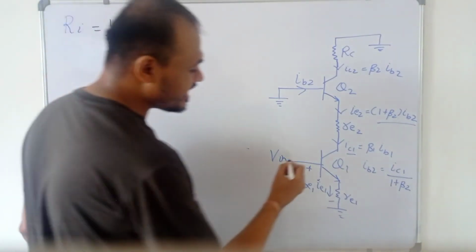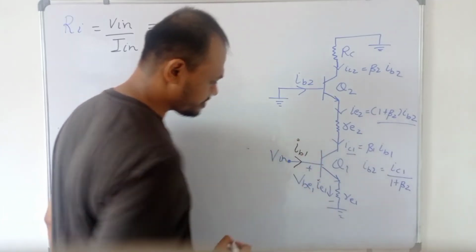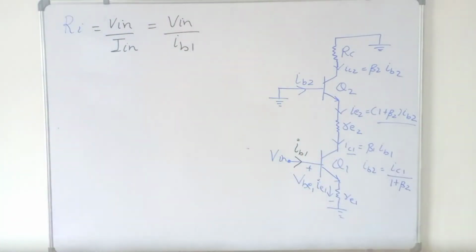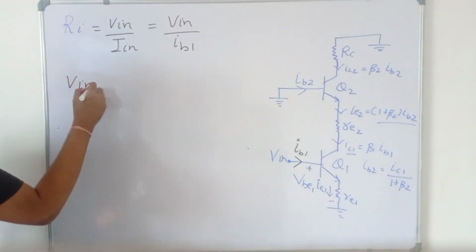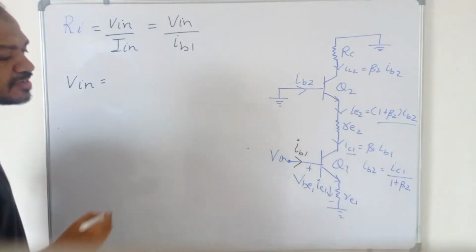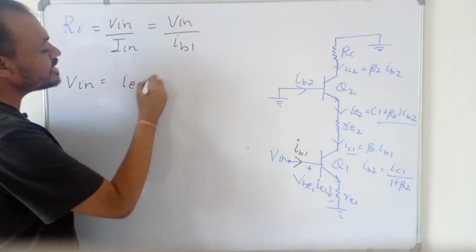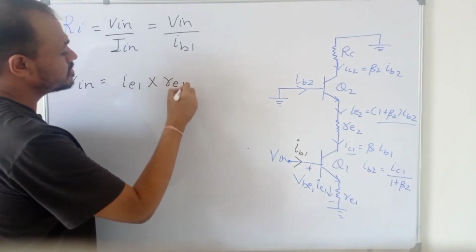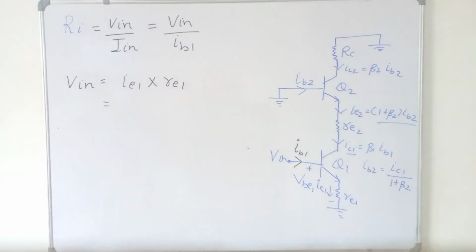This is the base current Ib1. And Vin from figure we can see that Vin is equal to IE1 into RE1.